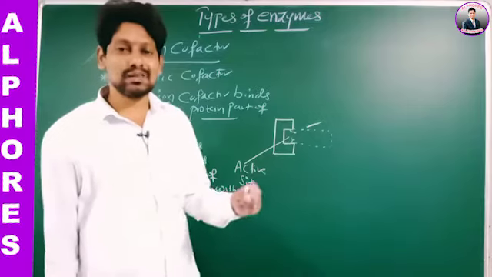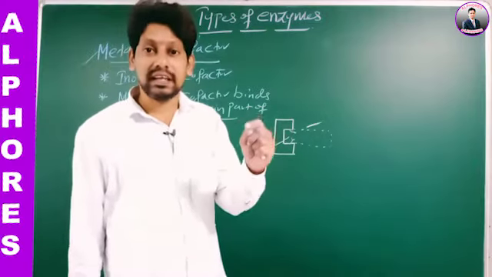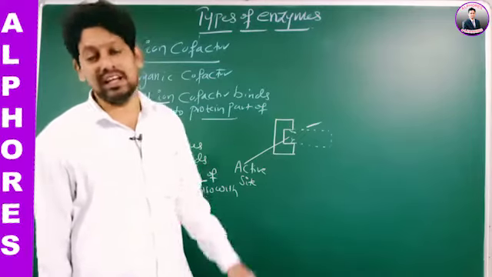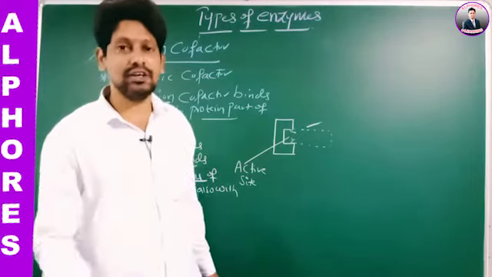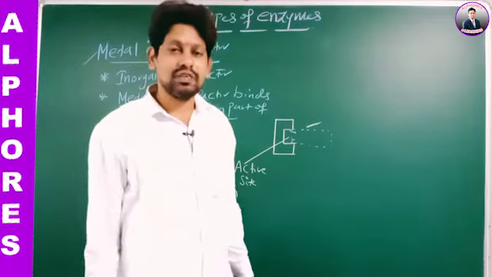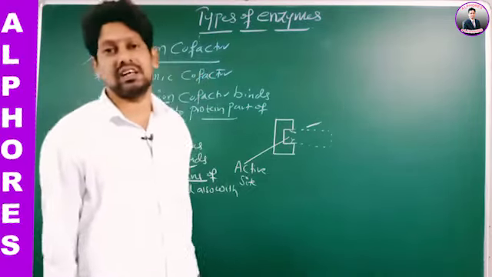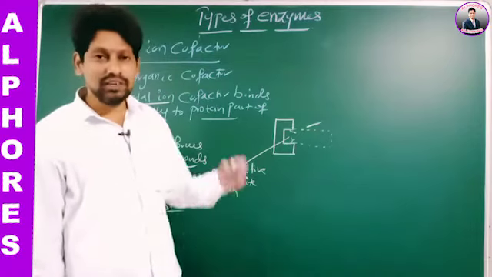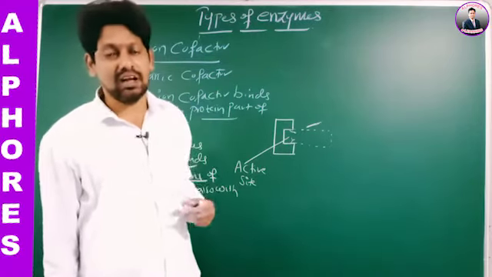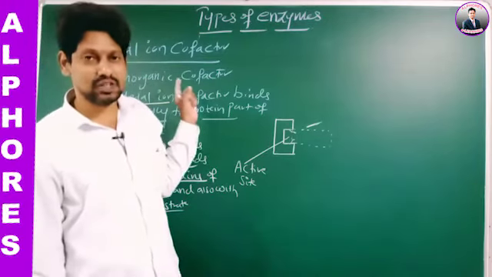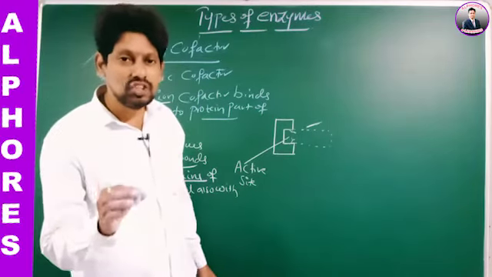Iron acts as a metal ion cofactor for catalase. Zinc acts as a metal ion cofactor for carboxypeptidase and alcoholic dehydrogenase. All these examples come under metal ion cofactors.